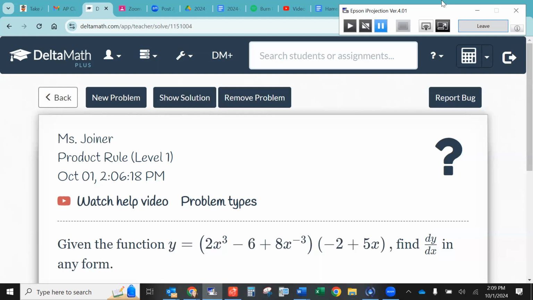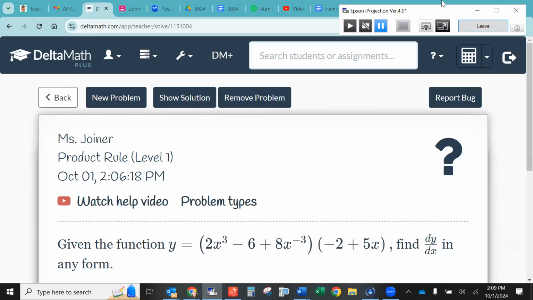So -2 times -5 will be a +10. And then what would your new power be, since you're -2 minus 1? And then remember, just type in parentheses times that. Don't actually times it out.